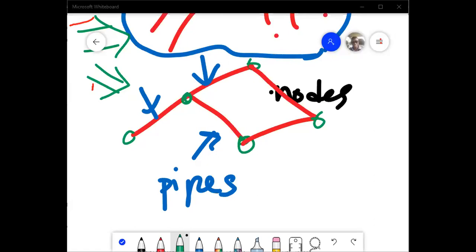GIS, I told you when we started, is really about everything. That is what makes GIS interesting and special. It's really about everything that we see around us: the control and flow of matter and energy. Once you have something moving, water moving from one point to the other through a certain conduit or channel, then you have to share it.